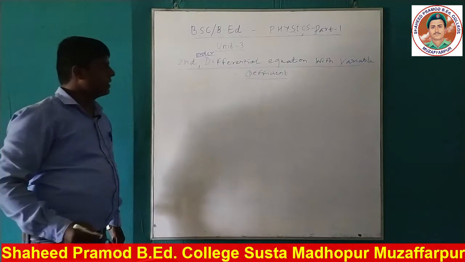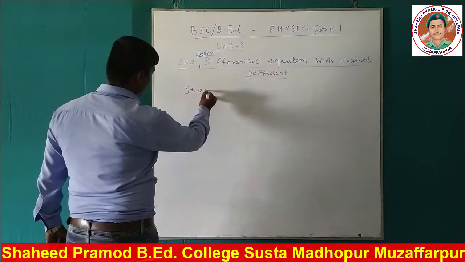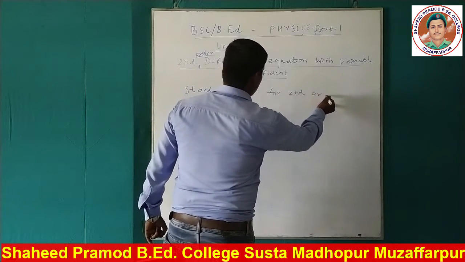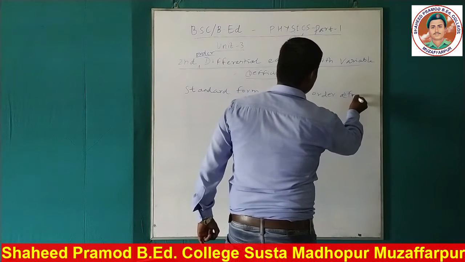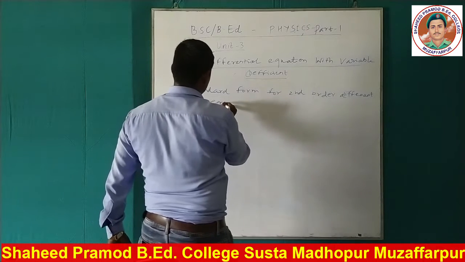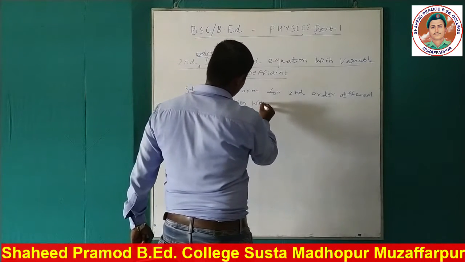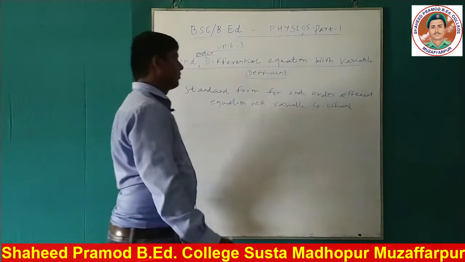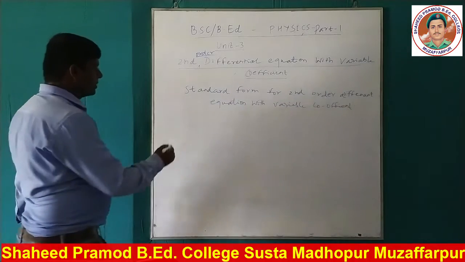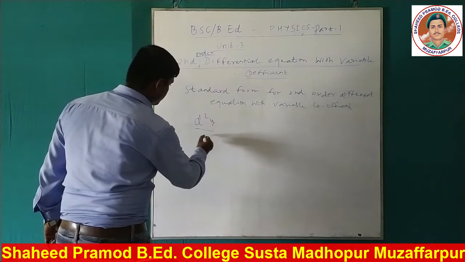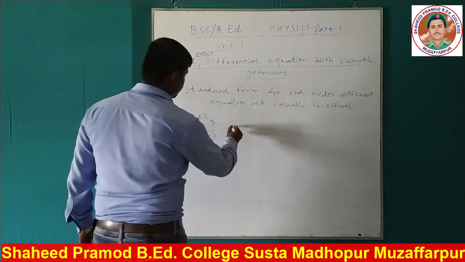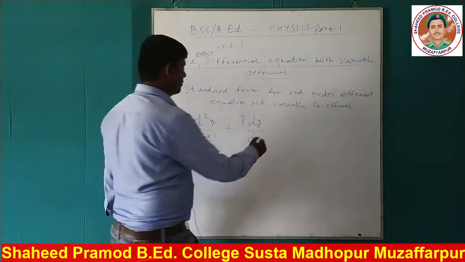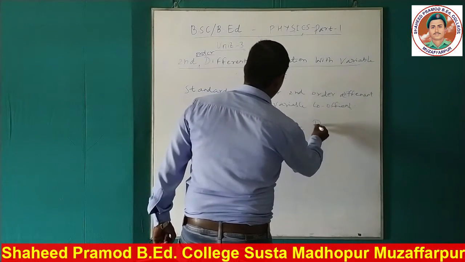Okay. So what is the standard form? You can write down the standard form for second order differential equation with variable coefficient: d2y upon dx square plus p dy upon dx plus qy is equal to r.